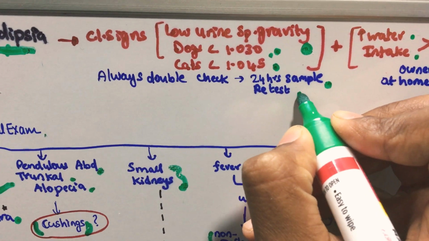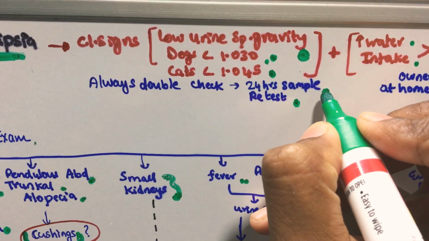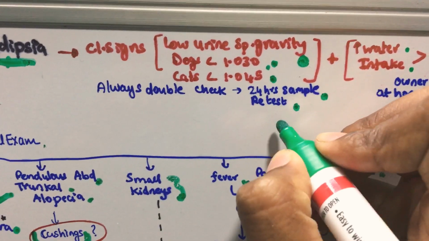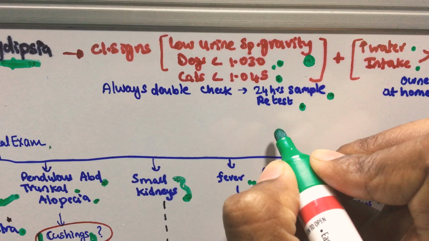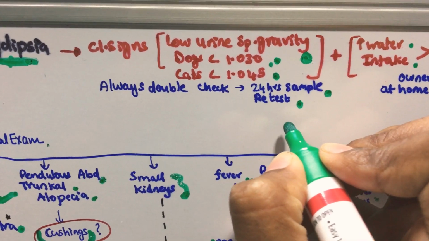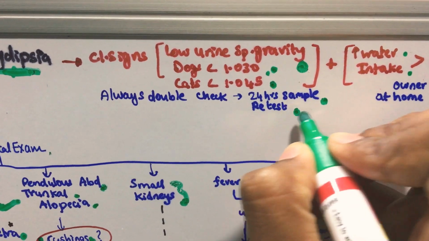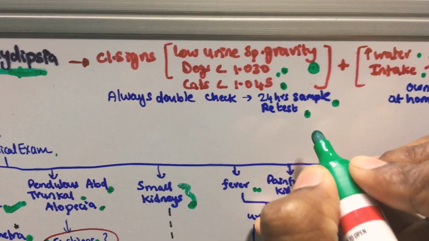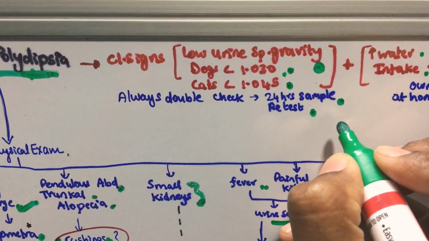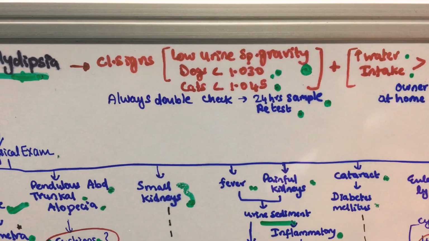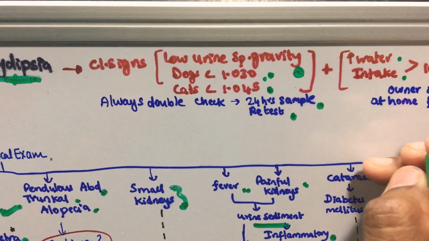And also, how do we collect a 24-hour urine sample? Either we can fix a urinary catheter and collect the urine in a bag, or we can put the animal in a metabolic cage so that we can monitor the 24-hour urine sample.